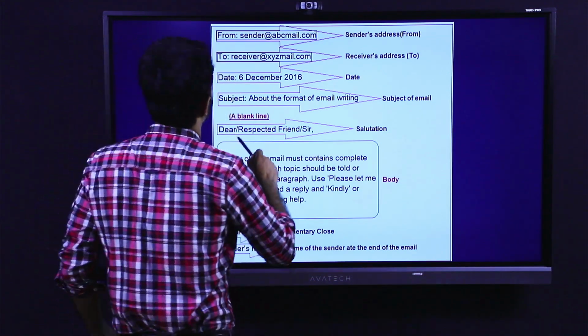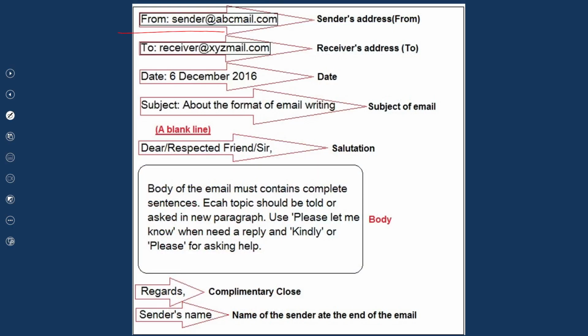Here, the first thing is from the sender. The sender's address, this means from you. You are the sender of the letter.